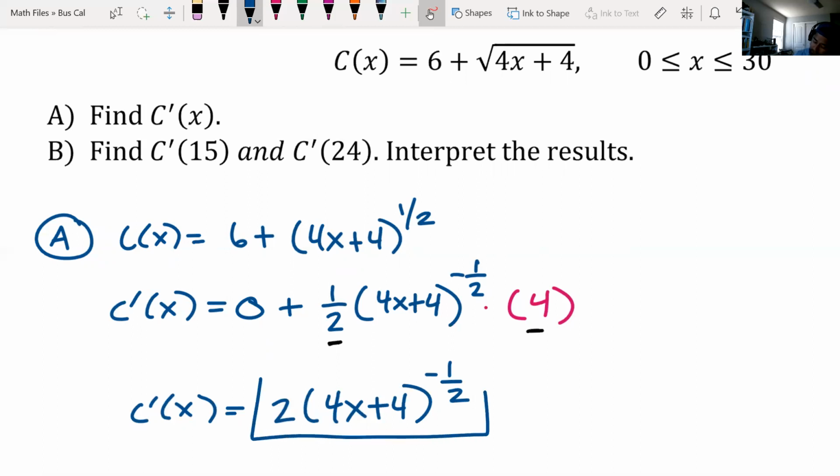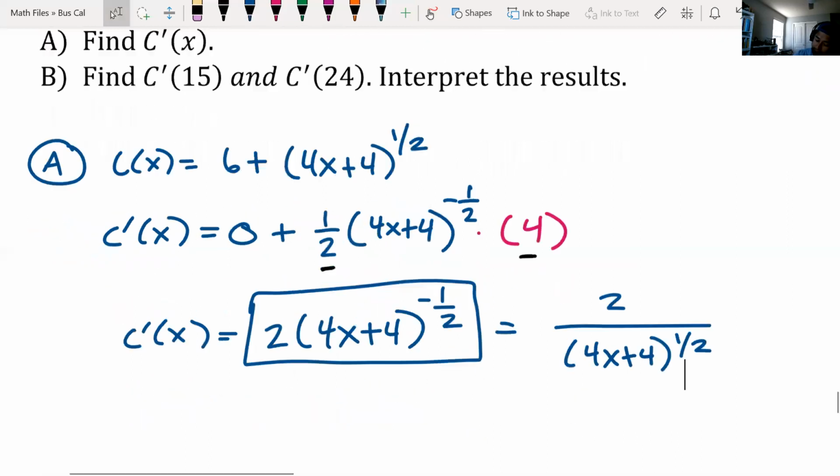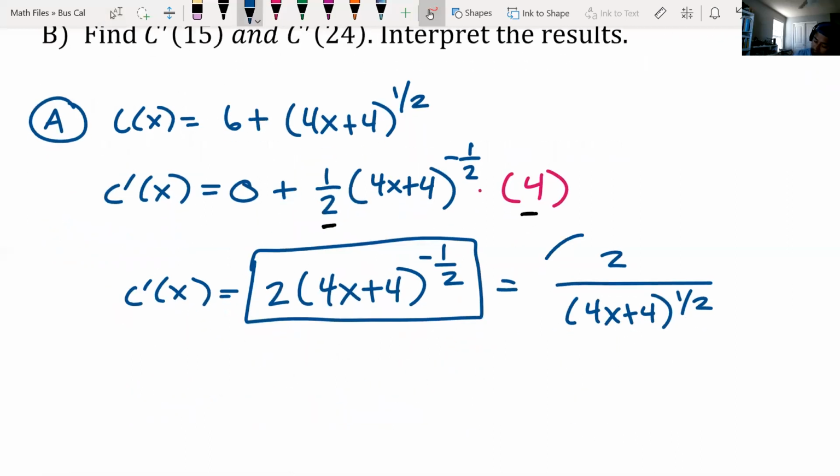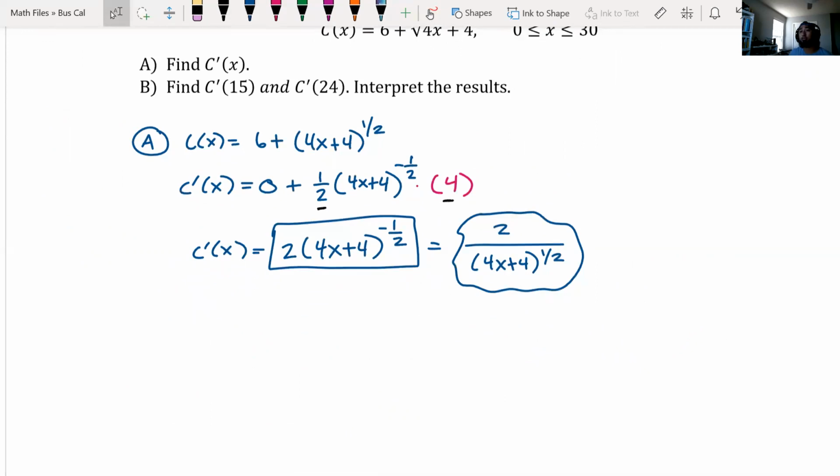That's good, or you can rewrite it as 2 over (4x plus 4) to the positive 1/2. Now all that's left to do is plug in 15 and plug in 24 and interpret.